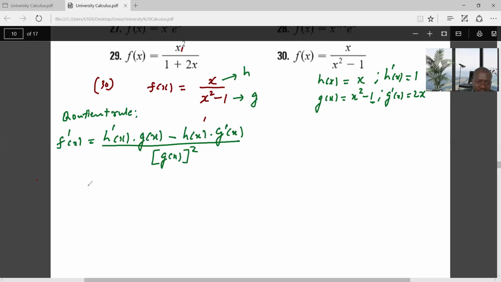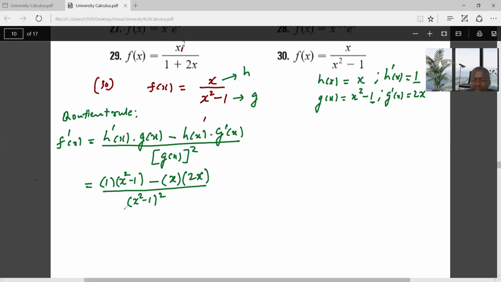Now, what is the derivative of the numerator? We went through that, it's 1. g is just x squared minus 1. h is x. g prime is 2x over, what is g of x? g of x is x squared minus 1 squared.